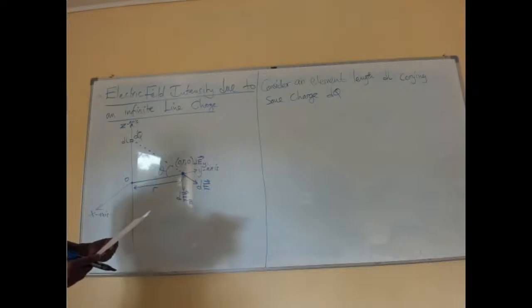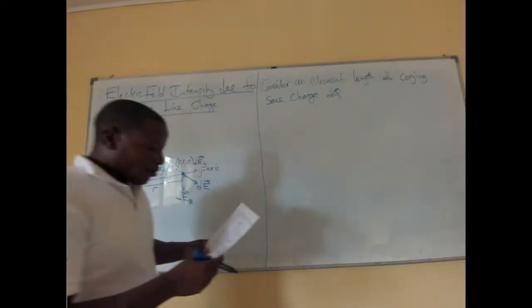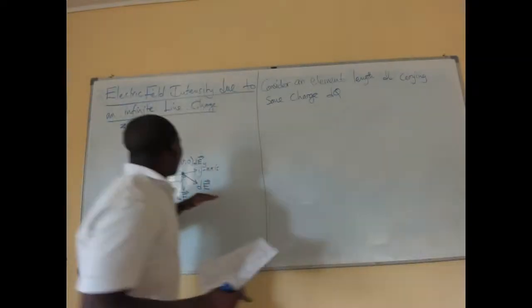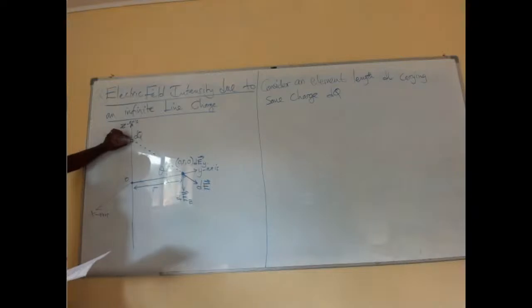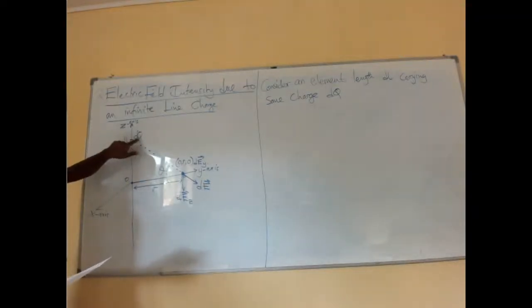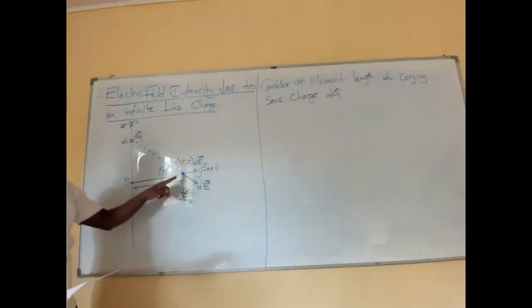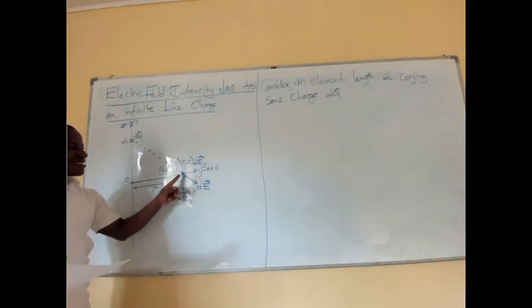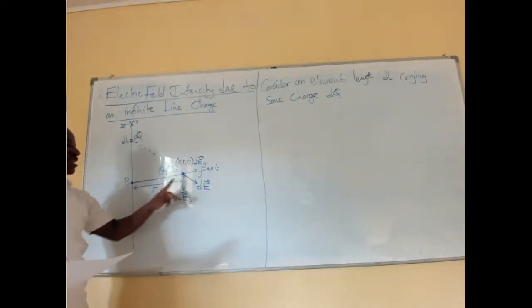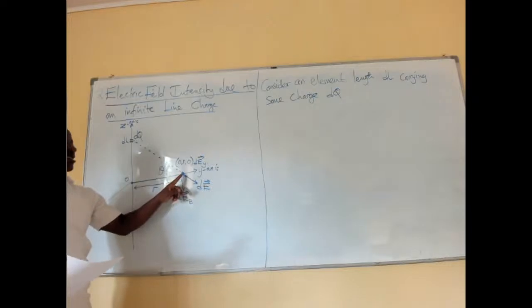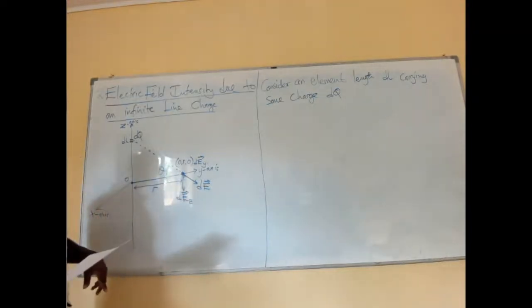All right. Now, what we are saying is that we have got a small dL here, which has charge dq. So we want to see its effect on the point P, which we have actually selected. This point P is not fixed. You can bring it here, you can put it there, but we have just chosen to bring it here so that you are able to see what we are doing.